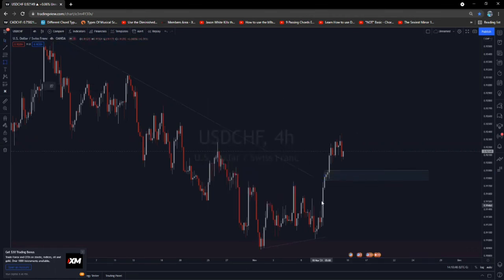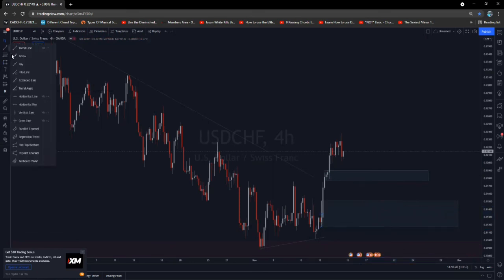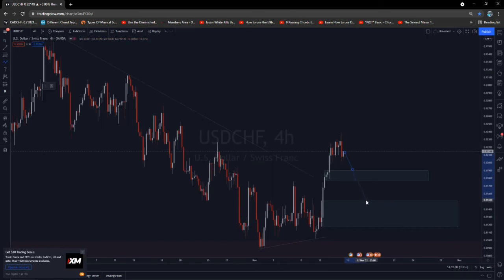Another area is this order block over here. So what the market can do is that it can find its way to this order block over here and move to the upside.